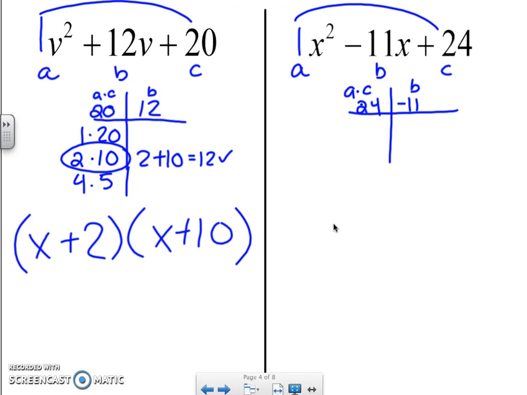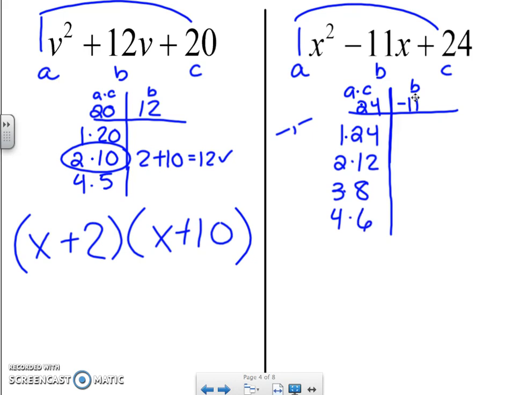Now I need to list all my factors of 24. But notice that when this is positive and this is negative, remember the only way to get multiplying it a positive but adding it a negative is when your signs are negative, negative. So I will have two negative factors on this one. But I'm going to start off with 1 times 24, 2 times 12, 3 times 8, and then 6 times 4.